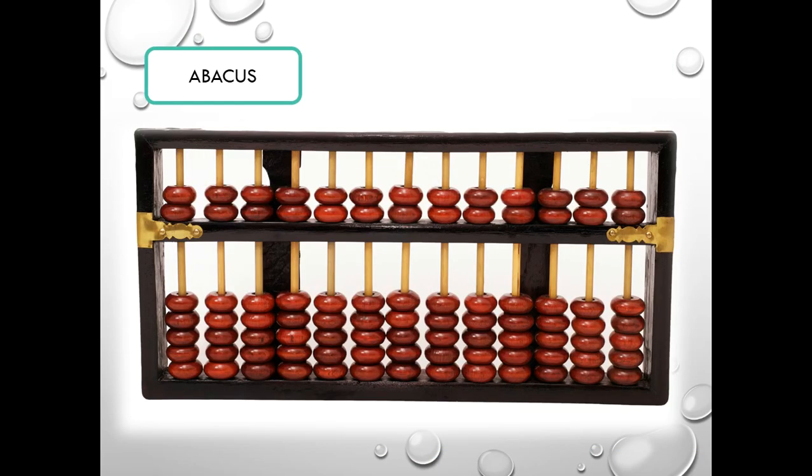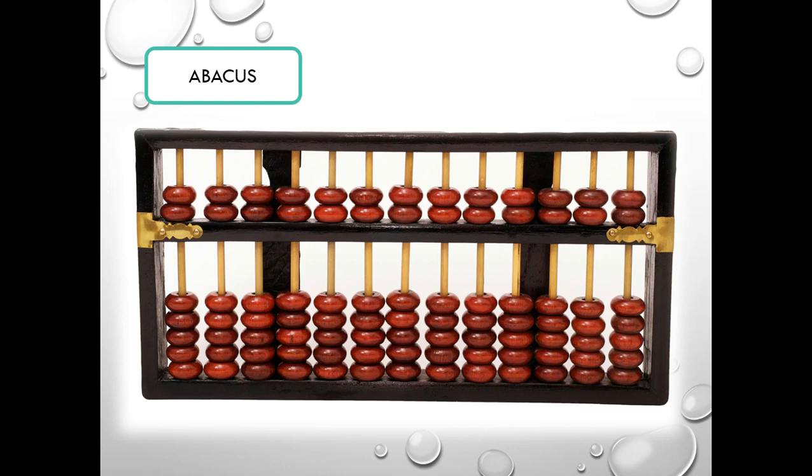abacus. The abacus was the first mechanical device used for calculations. It was invented by the Chinese more than 5000 years ago. It is made up of a wooden frame with rods, with beads inserted in the rods. The frame is divided into two parts. The upper one is the heaven and the lower one is the earth.